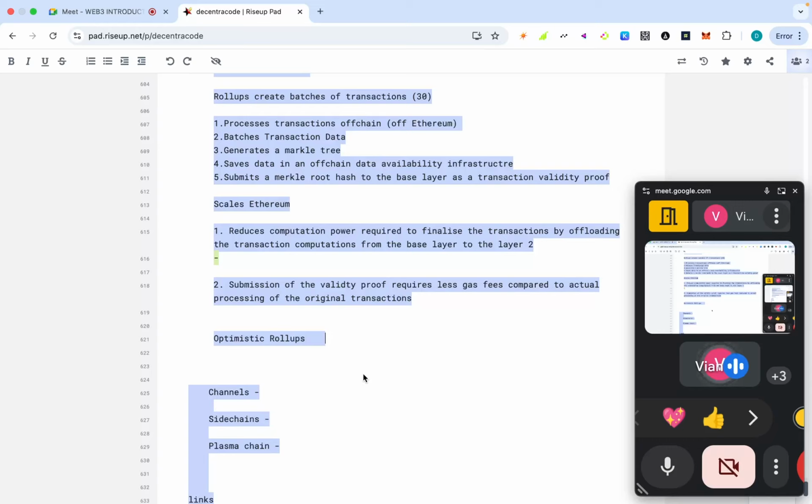Now, because of that, what happens is it takes a lot of time, averagely a period of maybe even up to 7 days, at least that's what I've seen. A period of up to 7 days for that data to be validated, for those transactions to be finalized, because they are waiting on someone to submit a fraud proof. So the different, let me just write it here.